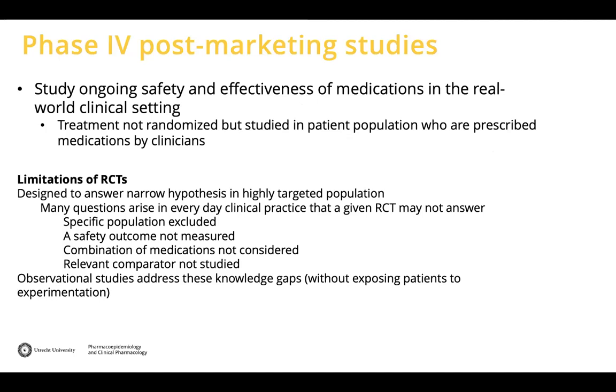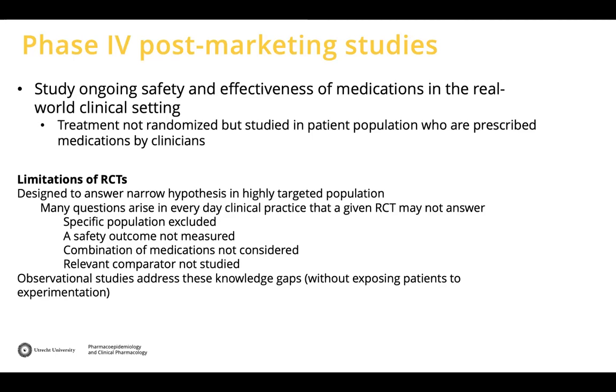So these studies are very important and occur after the medication is available for use and on the market. So these studies look at the ongoing safety and effectiveness of medications in the real world clinical setting.